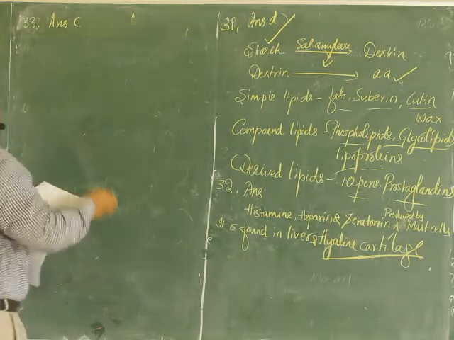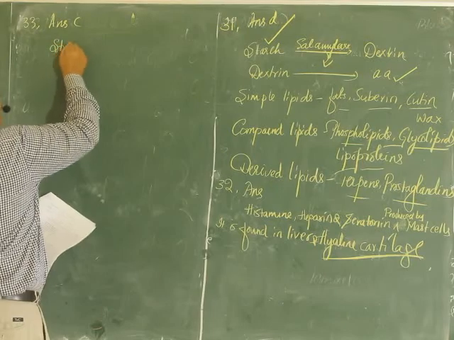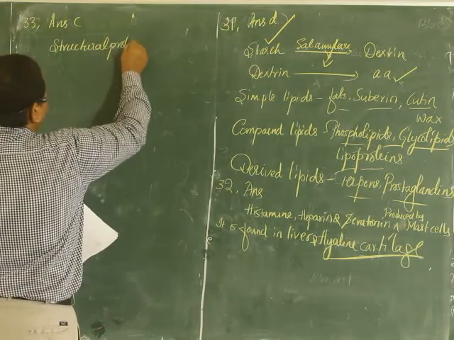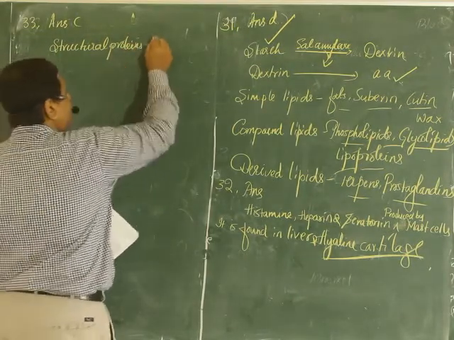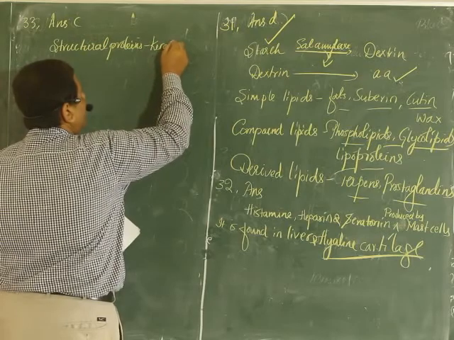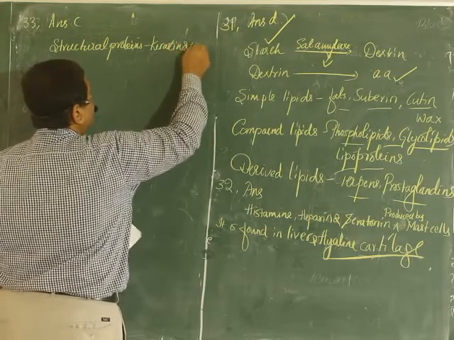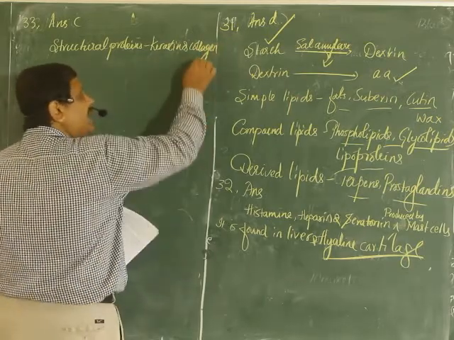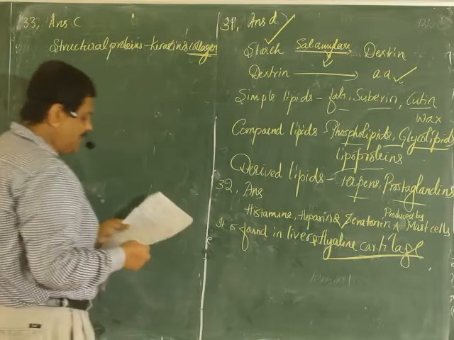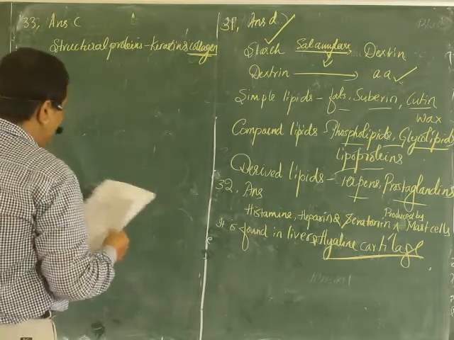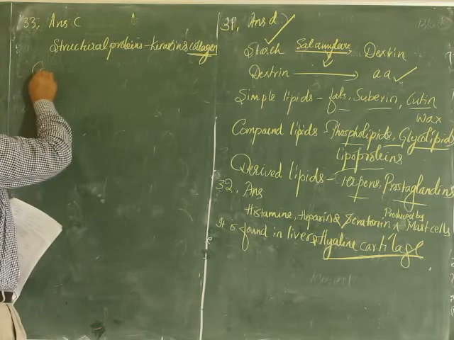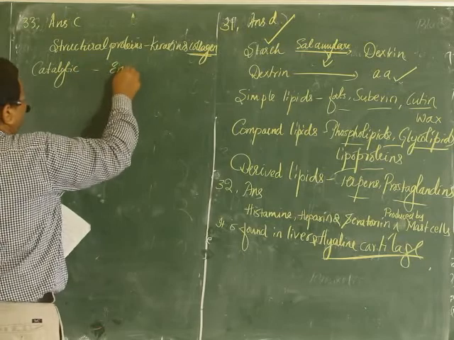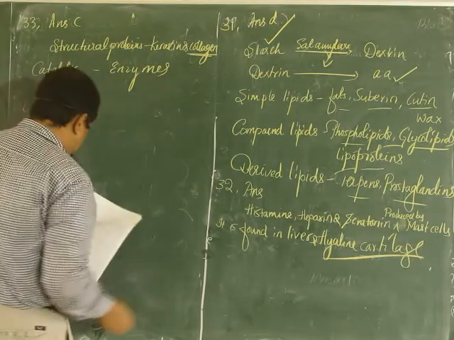Because structural proteins are always keratin and collagen. Dear students, the abundant protein in human body is collagen. Then catalytic proteins, enzymes.